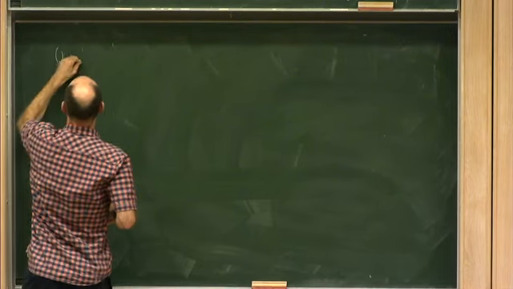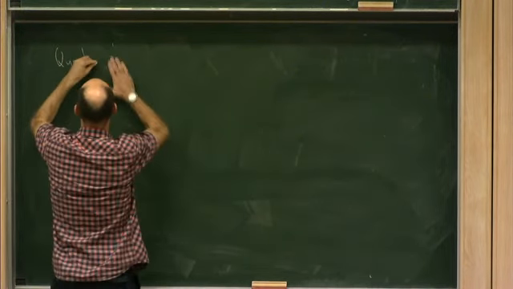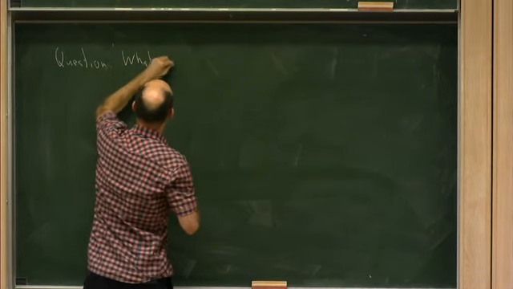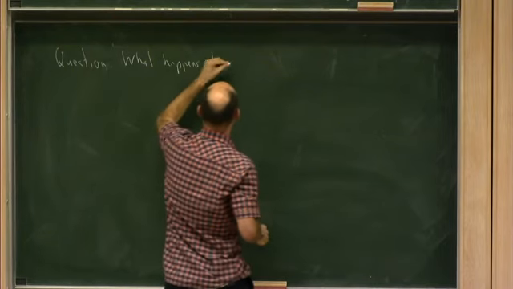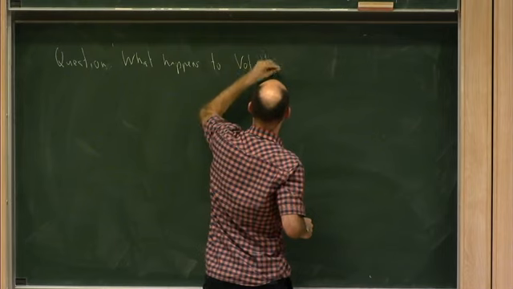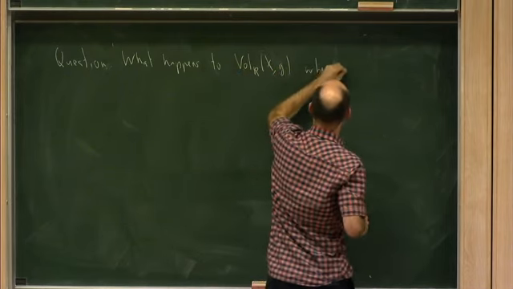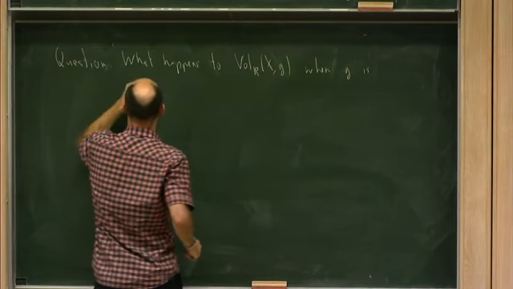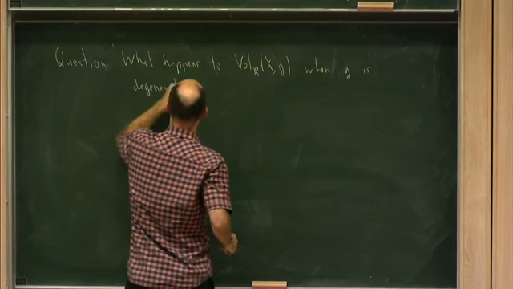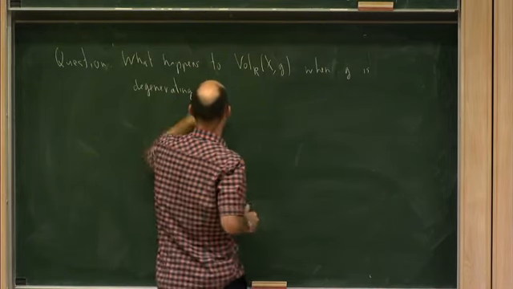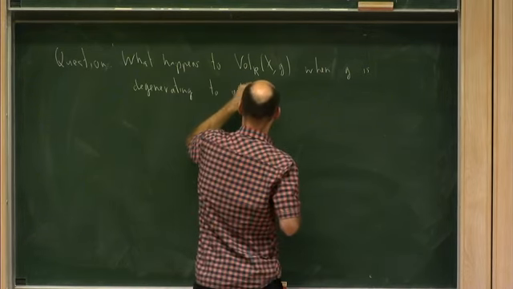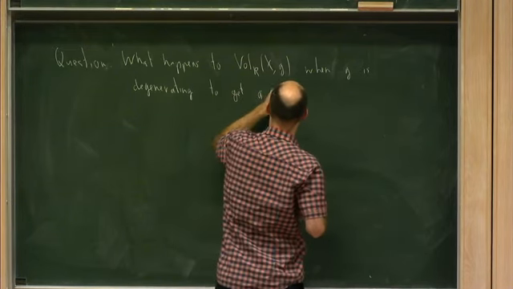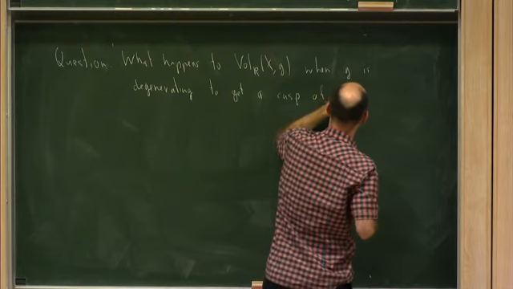So at infinity, you pinch a geodesic of your conformal model, and you can ask what happened to the Renormalized volume when g is degenerating to get a cusp of rank 1.